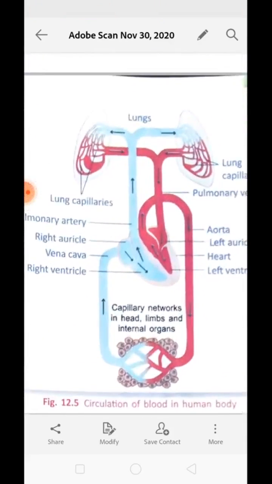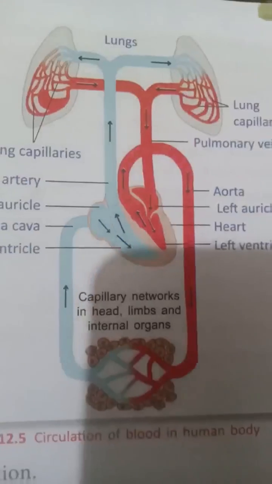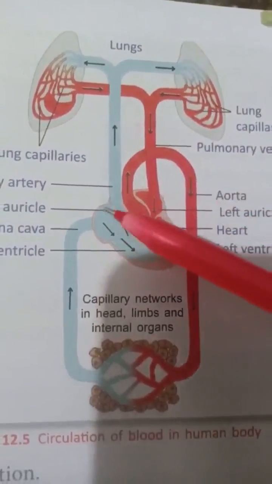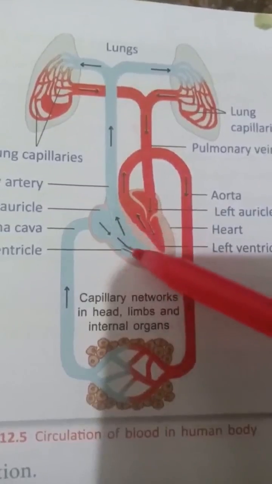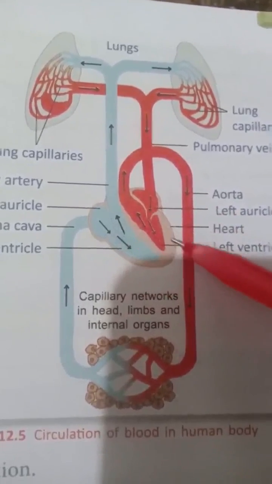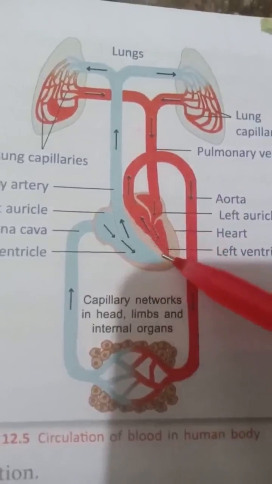You can see over here, this is the heart having 4 chambers. This upper half of the heart is known as auricle, whereas the rest, the lower part of the heart, is known as ventricle. They are separated from each other by the presence of a septum.